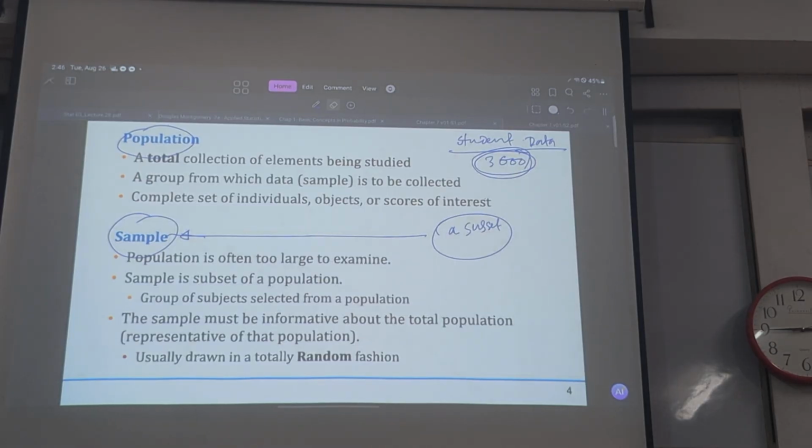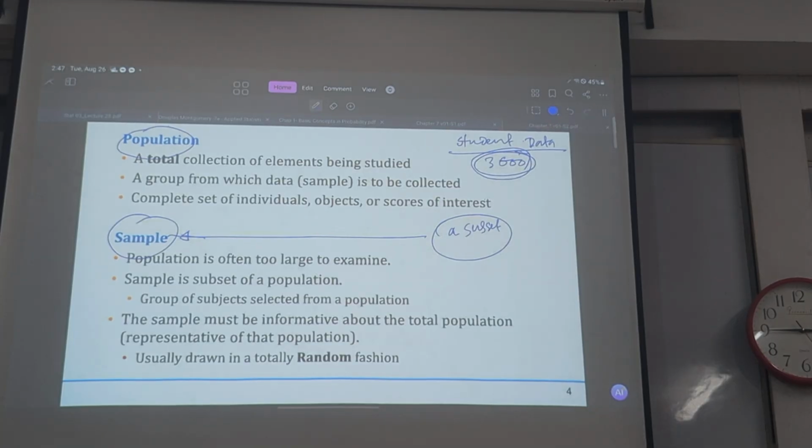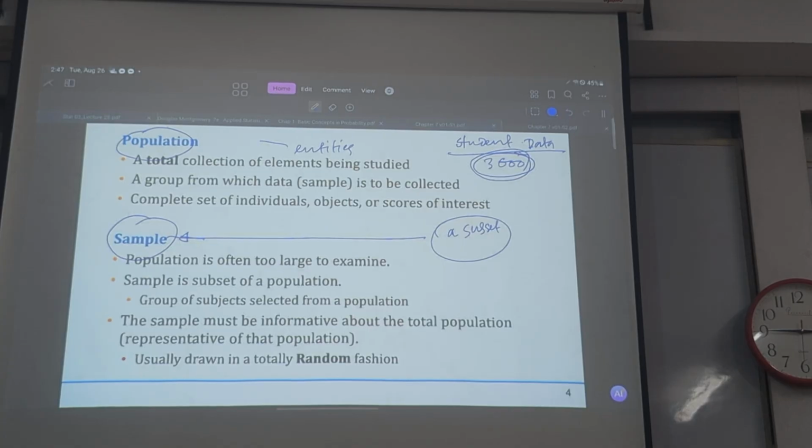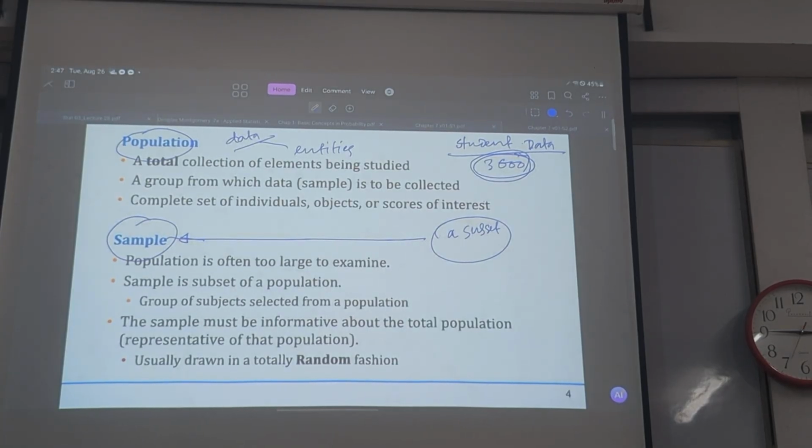So, the population. When we use the term population, we consider the total collection of elements being studied. In the picture we have a set of elements. Each entity has one or more attributes.